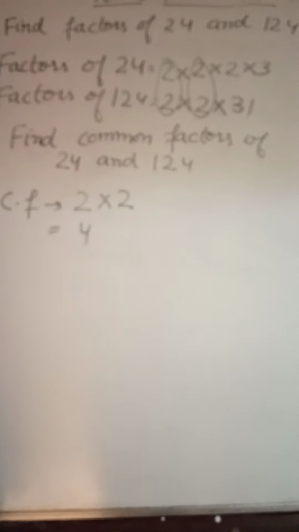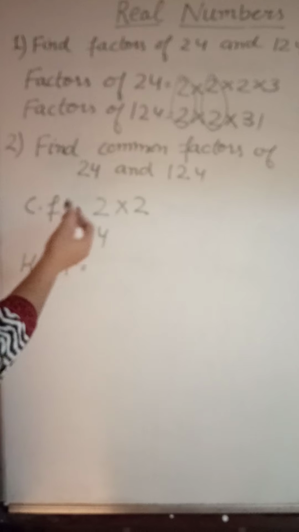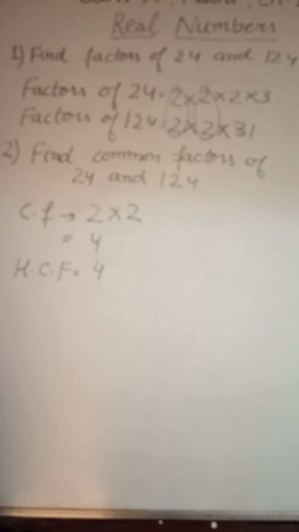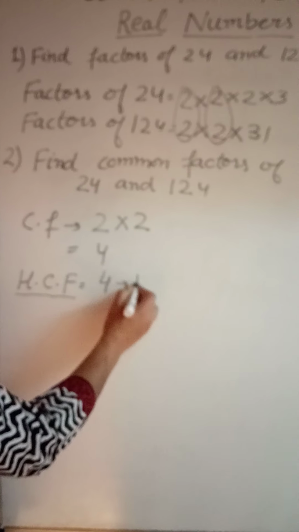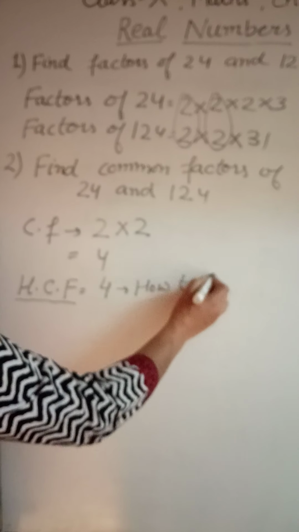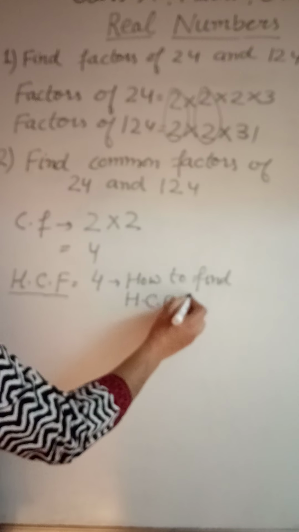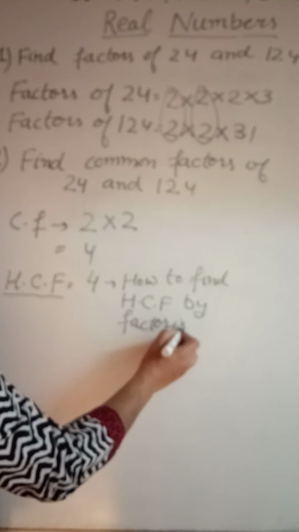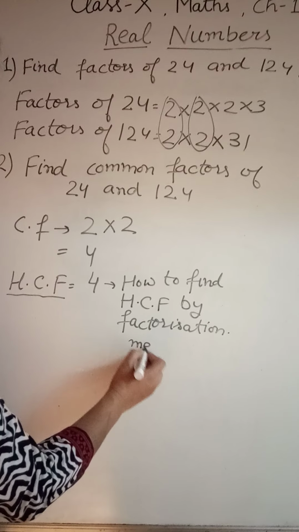And in the same way we write the highest common factor, because nothing else is common. So this common factor is the highest common factor. This you have learned in your previous classes, how to find HCF. This is the factorization method.